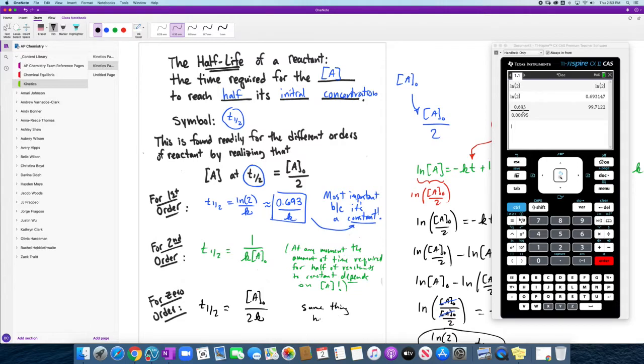And this is kind of strange because that means the half-lives themselves, t subscript 1/2, change throughout the reaction. But this one right here is constant for the entire reaction.